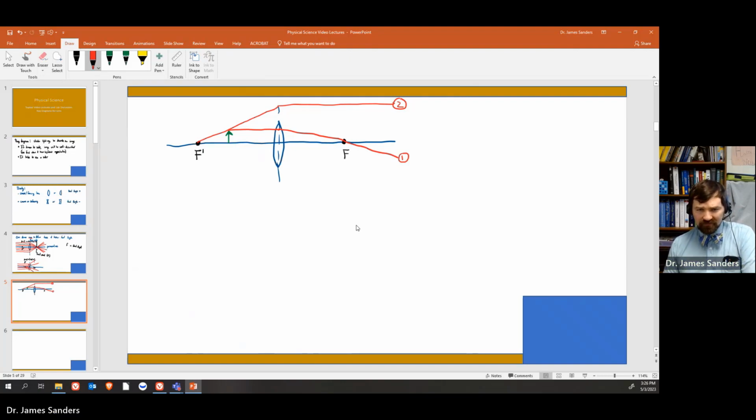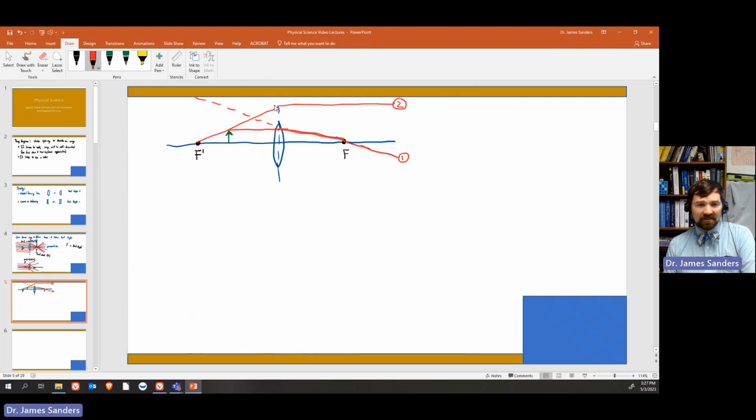Okay. And you'll notice that these two rays don't really intersect anywhere. They in fact are diverging. So what I do is I take this guy that goes through here, and I basically just backtrack with a dashed line like so.